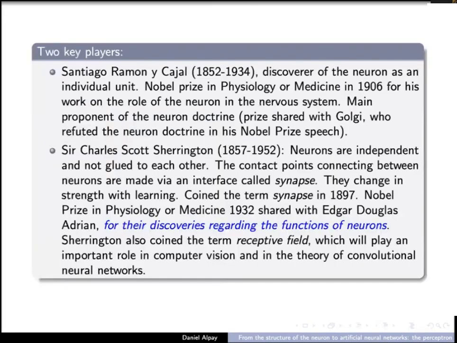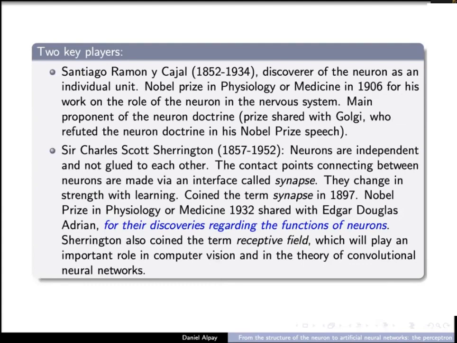And here I mentioned once more Santiago Ramon y Cajal, who got a Nobel Prize for this. It's built on all the other people, of course, but he was the main proponent, and also Sherrington. And as I said, it's called the synapse, the connection between the axon and the dendrite.